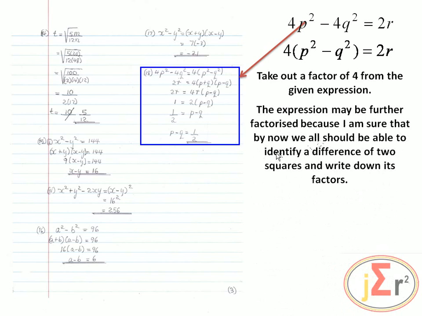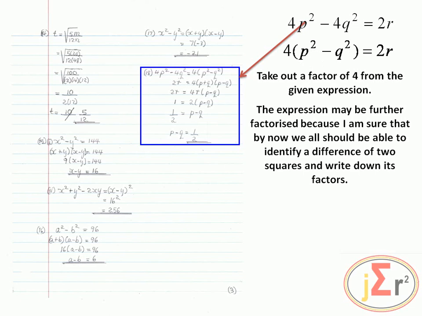The expression may be further factorized because I am sure that by now we all should be able to identify a difference of 2 squares and write down its factors. So here, no doubt, p² - q² is a difference of 2 squares.